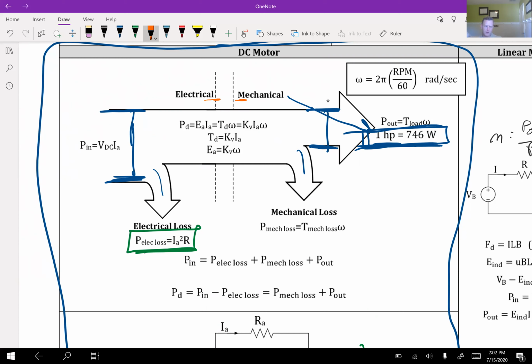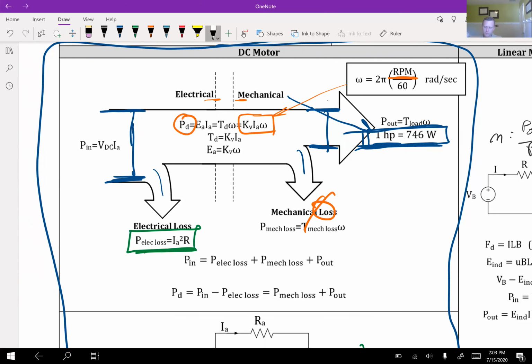So what parts do I know that I can solve for? Probably the easiest way, since I already know my power, and I know these right here. I don't know omega, but I do know RPM, so I can solve for omega and plug omega in. I know my power developed because in this case, that mechanical loss was 0.